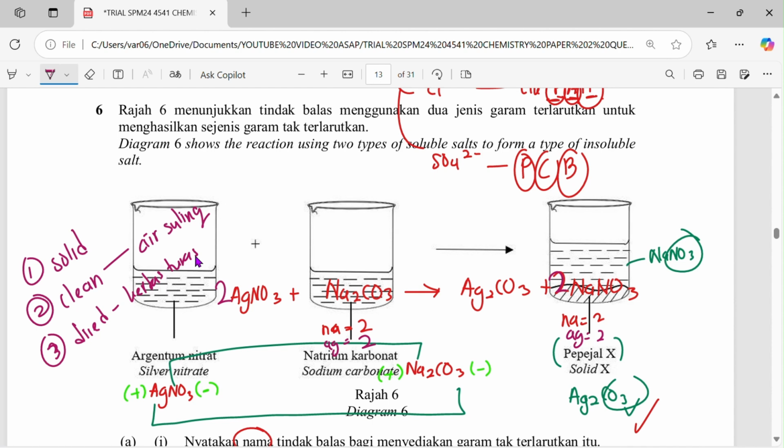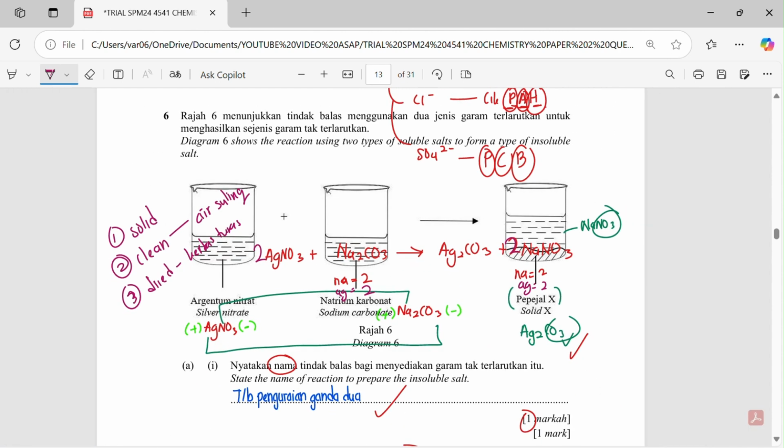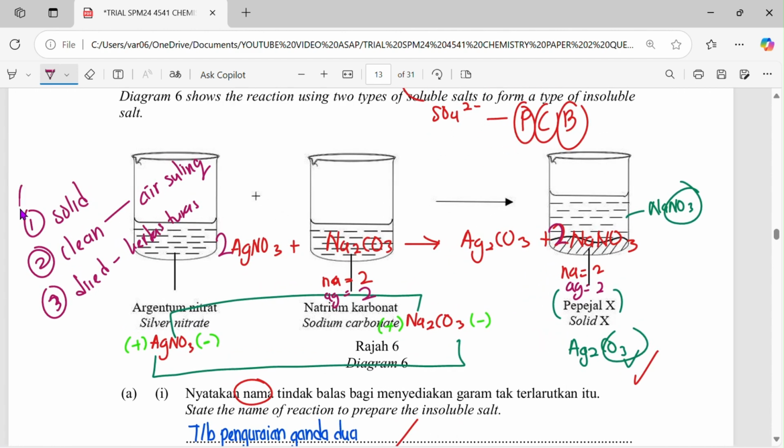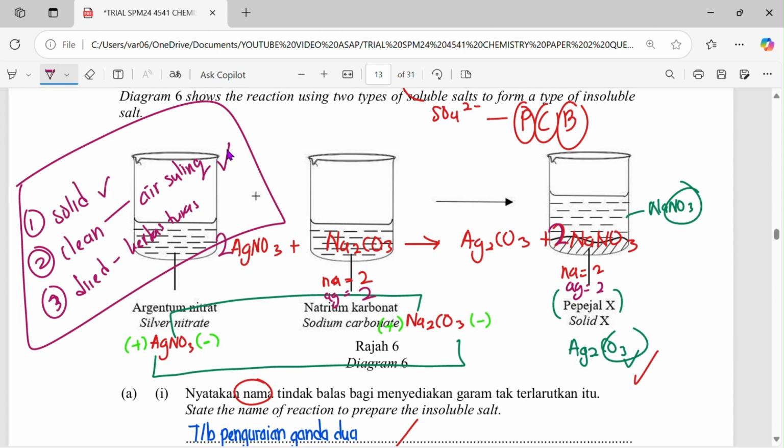So remember how in garam there's a few methods. Dalam penyediaan garam there's a few methods to create garam, right? Which is, for instance, like this, penguraian ganda 2, and then we also have penyediaan garam terlarutkan bukan jenis amonia, natrium dan kalium. So with all these methods, at the end of the day, the garam that you make must be a solid, must be clean and must be dried.